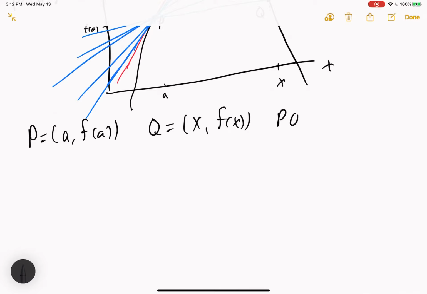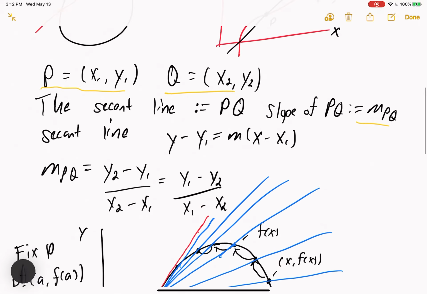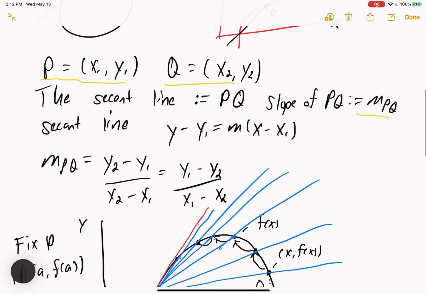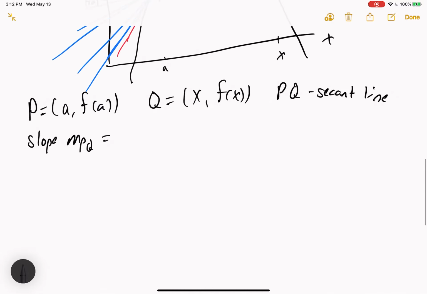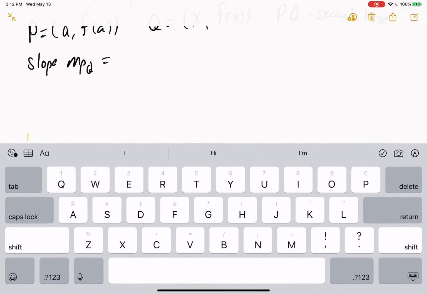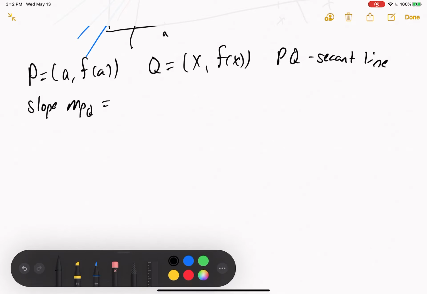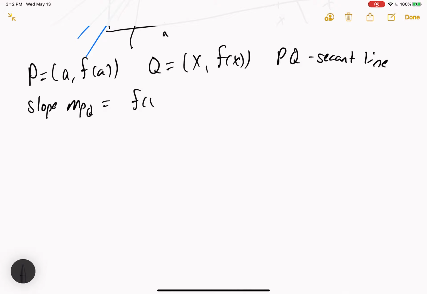And the slope, which will be equal to M_PQ, like we said earlier, is just y2 minus y1 over x2 minus x1. What that will give us is f(x) minus f(a) all over x minus a.